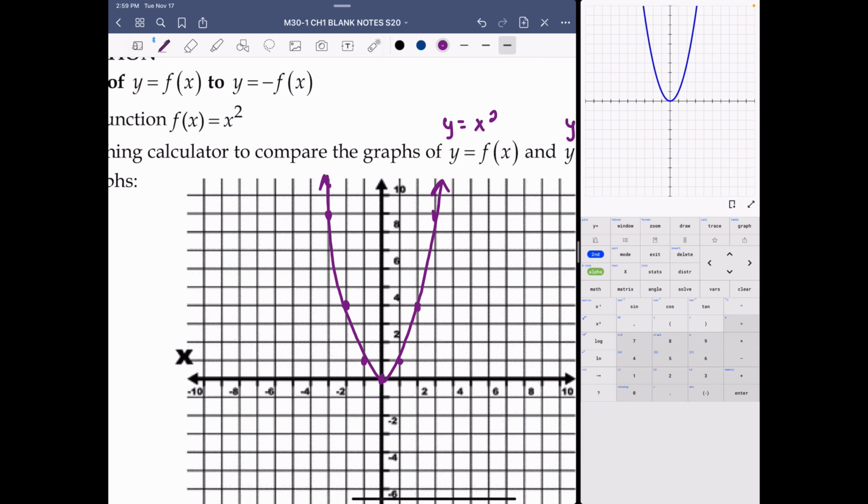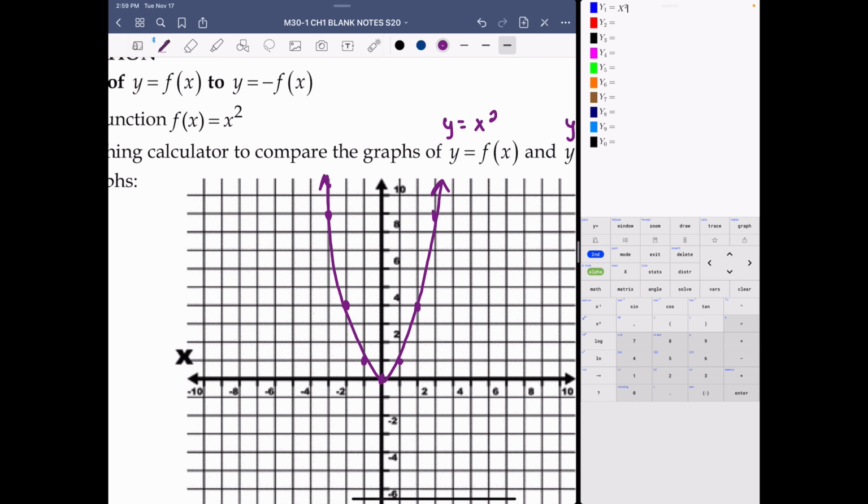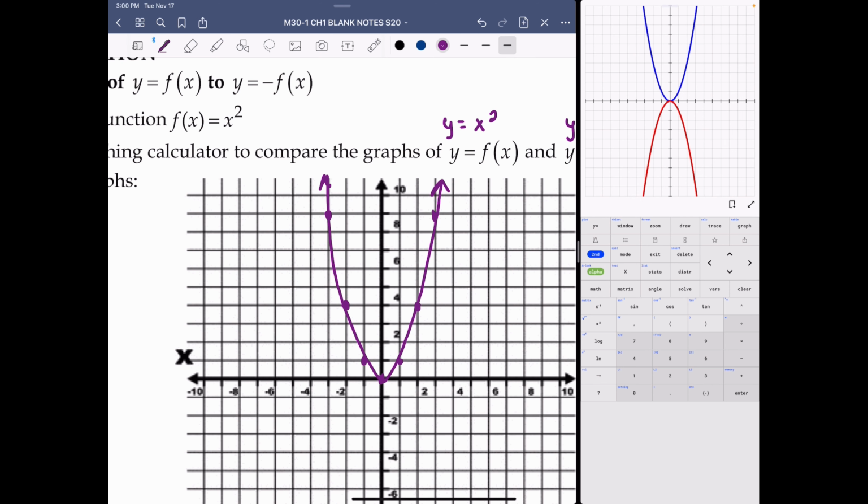Then we want to graph y equals negative f of x. So go back to y equals, go down to y2 and put in negative x squared. Graph that. And what we should notice is that it's the same as y equals x squared, just reflected down across the x-axis.